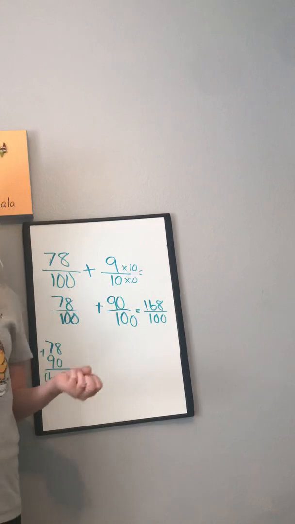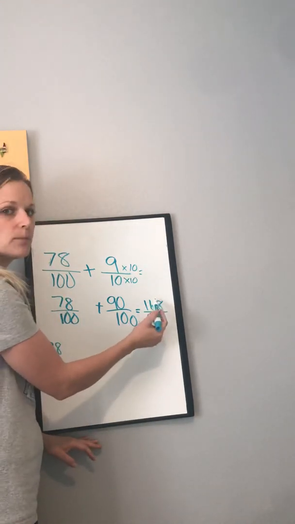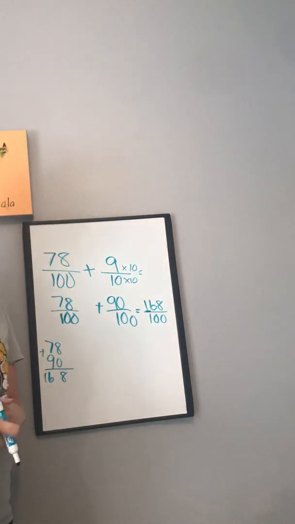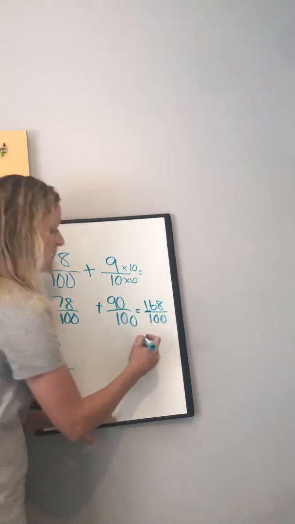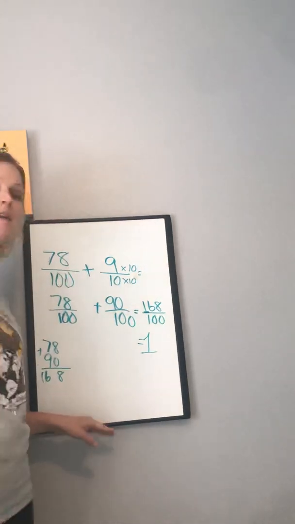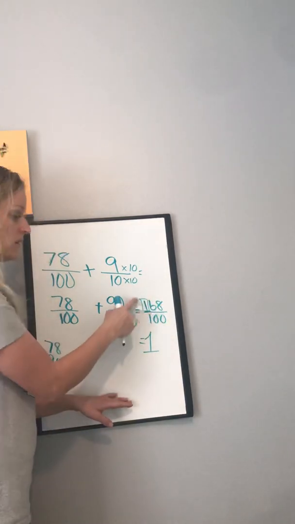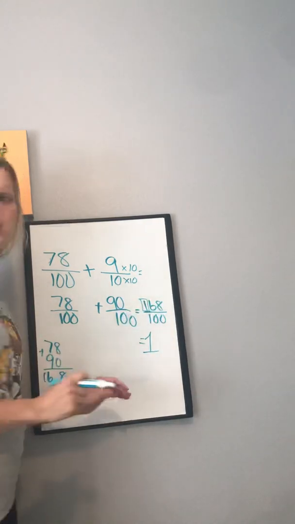Another way that we can do it is when I look at this numerator here. This first digit here is a 1. That's going to be your whole number because 100 can go into 168 one time. That's your whole number. Okay, do you see that? What are the other 2 digits that are here?